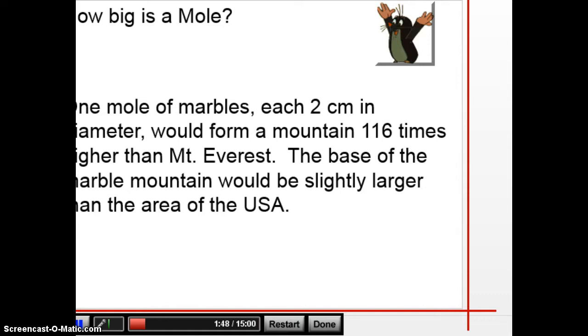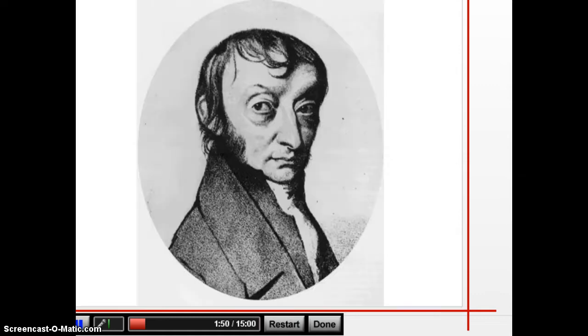So let's see. The person who came up with that number is this handsome young man, Amadeo Avogadro. And now that we know what a mole is, we can do all sorts of different calculations. Now, the handy thing is on the periodic table, every element that you show has its big number.